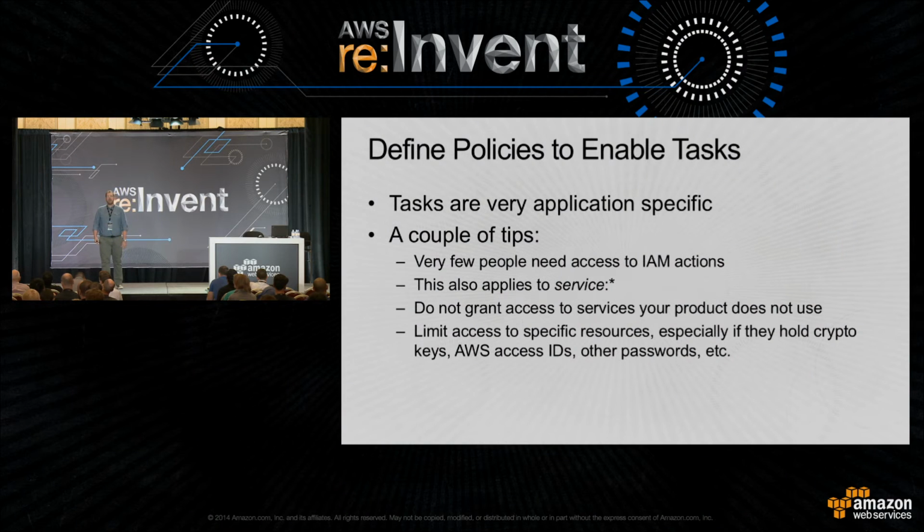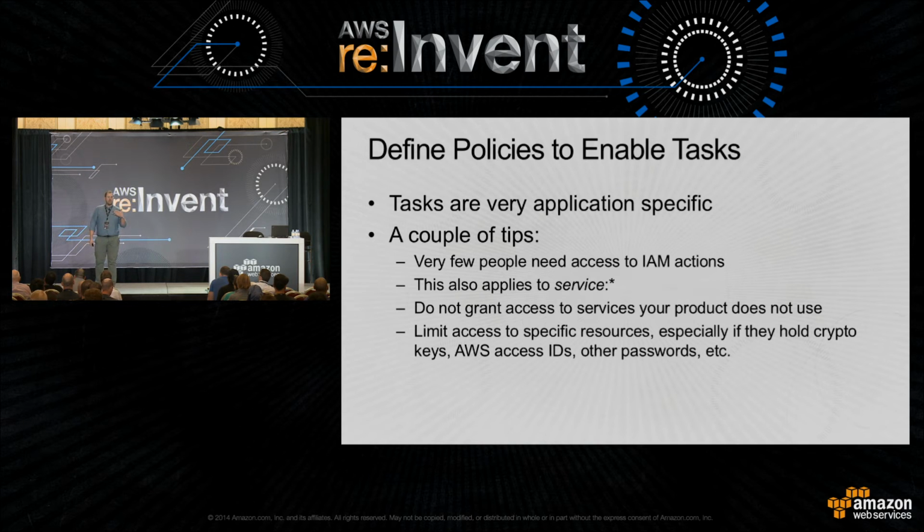So we need to define policies that enable tasks. By a task, I mean some activity, some workflow that a person has to go off and do in order to run your system. So if you're thinking about an operations person, perhaps that operations person needs to be able to start and stop EC2 instances and assign a role when they do that.